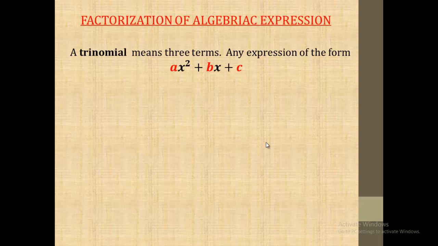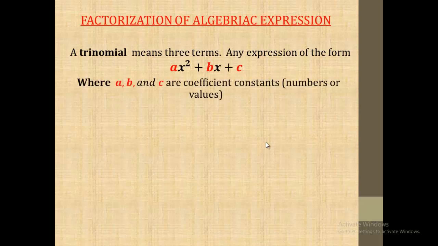You can easily count the number of terms because they are separated with a plus and a minus. The a, b, c are just values called coefficients or constants. I call them coefficient numbers.